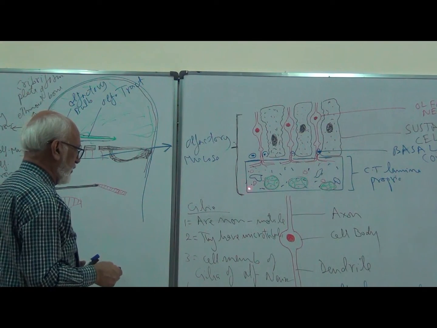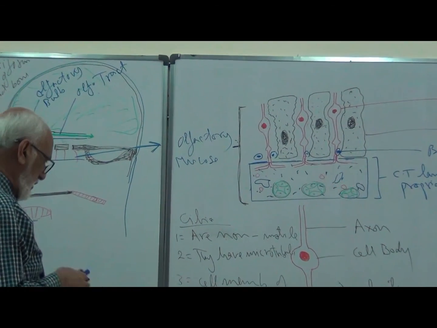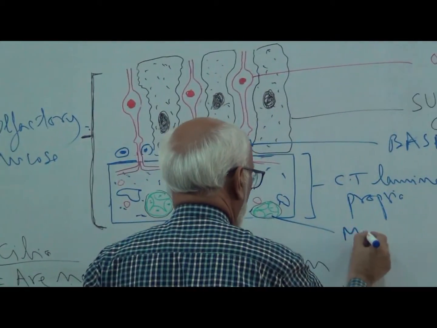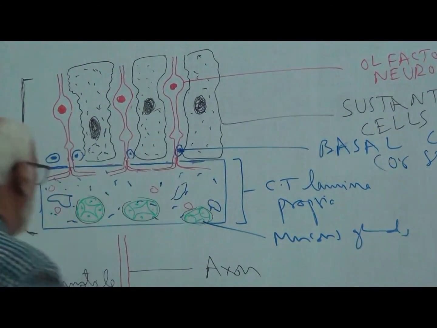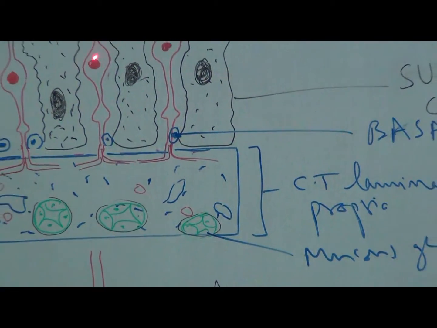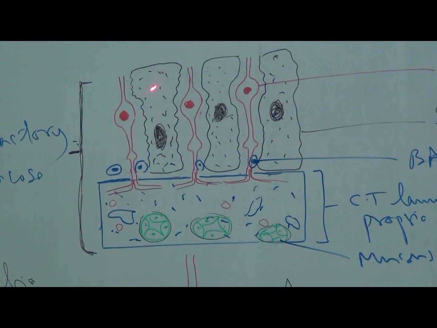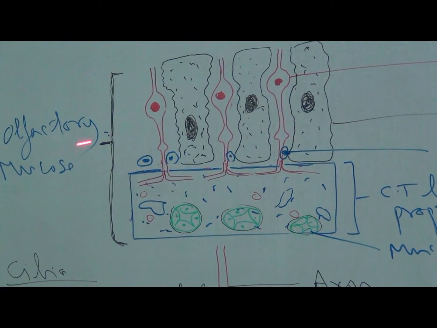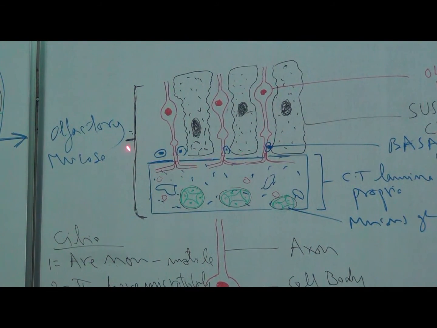And then there is connective lamina propria, in which there are different structures, including the mucous glands. Sustentacular cells are considered as glial cells. So you can see the nervous tissue, all components are here.